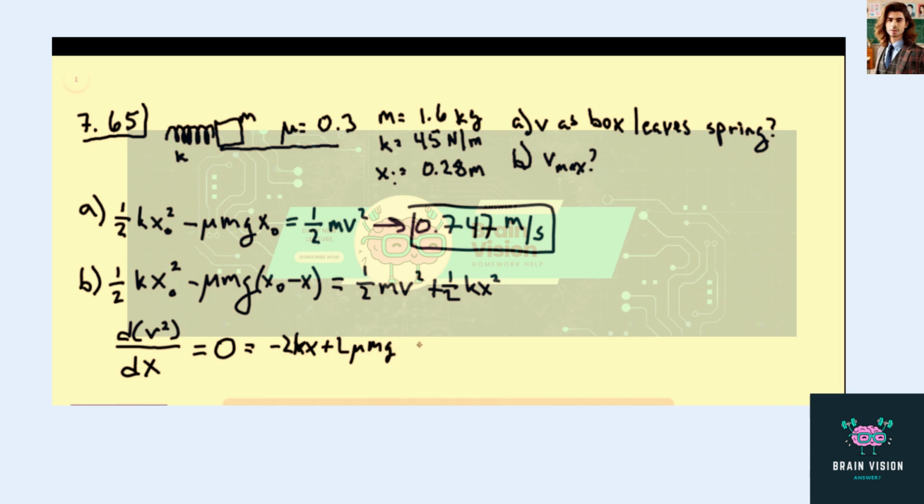And then we solve this for x max, what we'll call the position that maximizes the speed, and that will be mu mg over k. Substitute this back into the expression after you've solved it for v squared, and then you'll find that v max is equal to 0.931 meters per second.